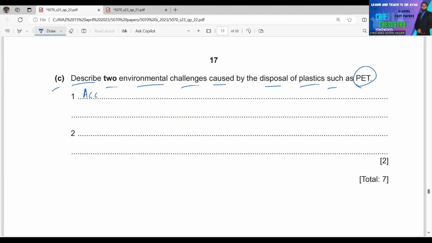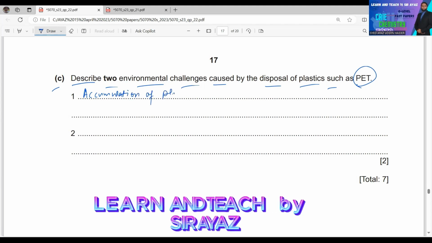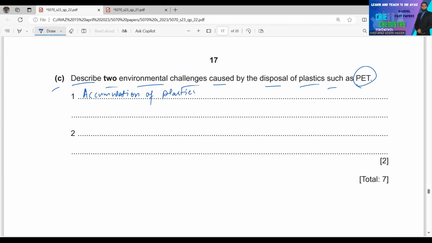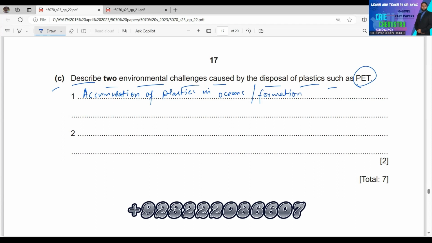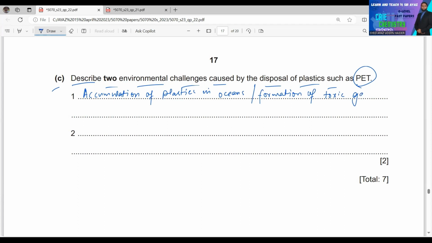Accumulation of plastics in oceans, or formation of toxic gases when burned.